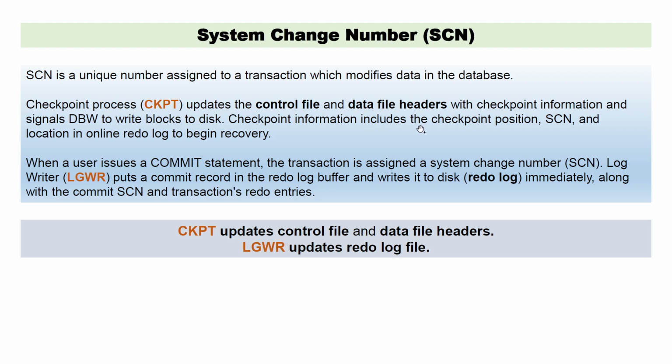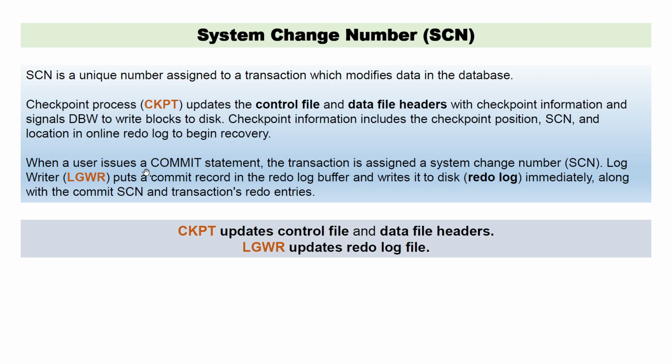Checkpoint information includes the checkpoint position, SCN, and location in the redo log to begin recovery. So the checkpoint process is the one which actually writes the SCN to the control file and data file headers. Now, there is another process called log writer, and this log writer writes the SCN to the log files. Basically, from the redo log buffer, it writes to the log file.